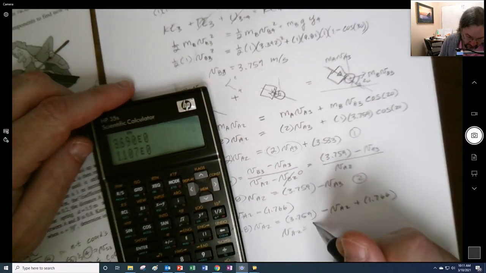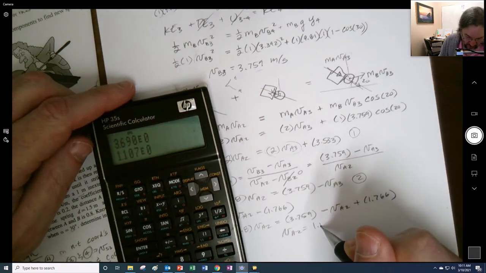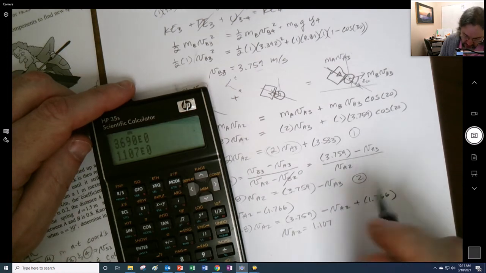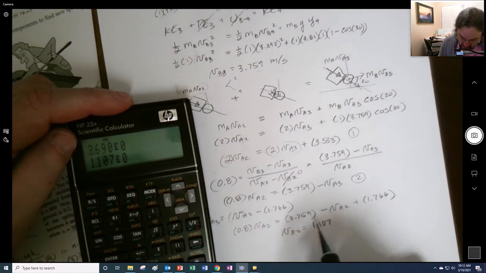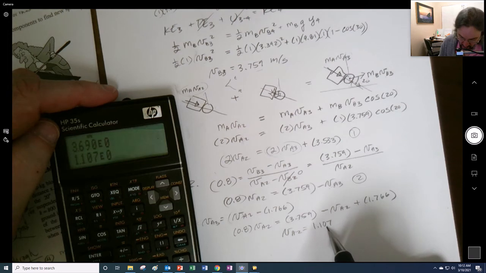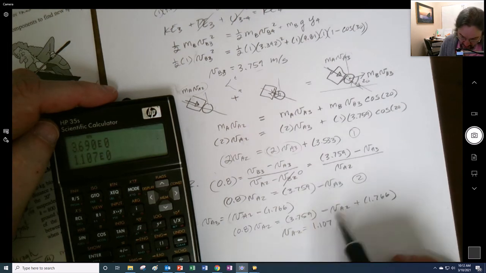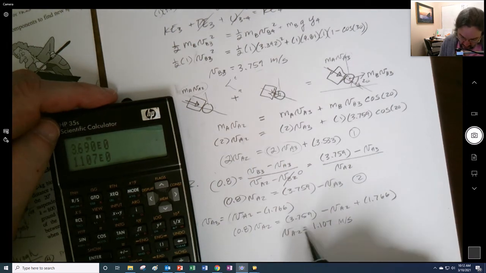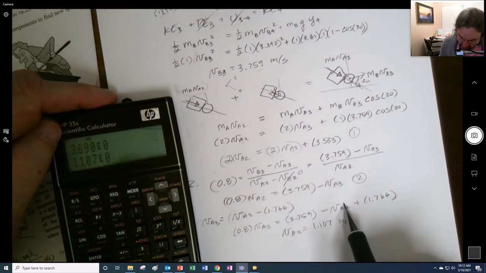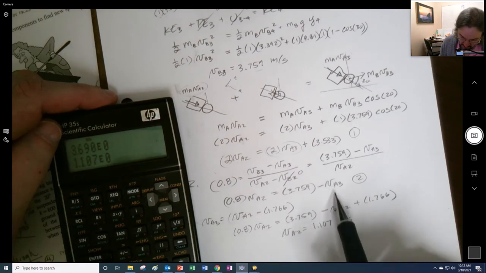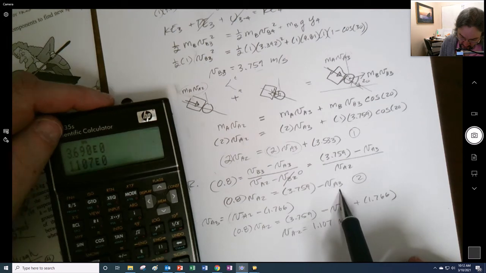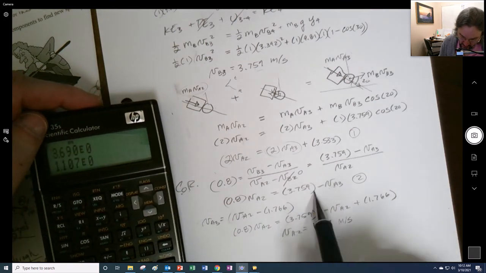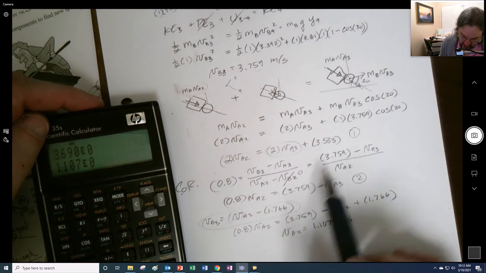Okay, so it's 1.107. Seems pretty small right here. That seems kind of small. I'm a little leery right here. This right here is VA3. Yeah, we plugged in this right here.